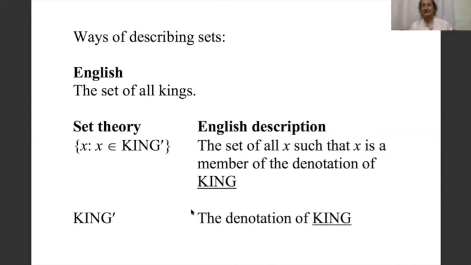Or we can describe it using set theory. And set theory is very useful in many cases. We will have to get used to this as a way of describing sets. And I have 2 different ways of doing it. One is here. It's read as follows.